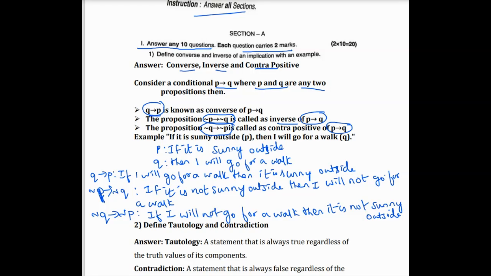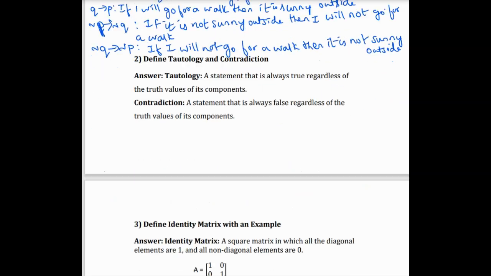Then moving on with the next question, we have define tautology and contradiction. Tautology: a statement that is always true regardless of the truth values of its components. So if all the values in the truth table are true, it is called a tautology.